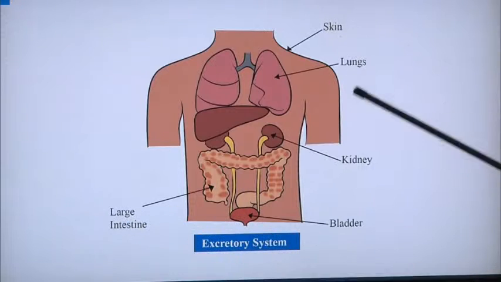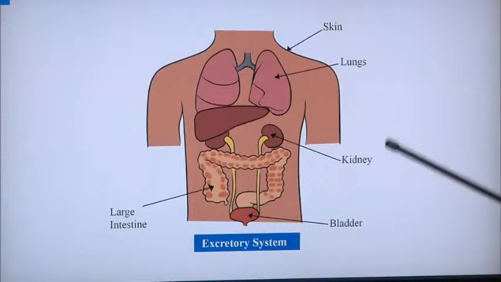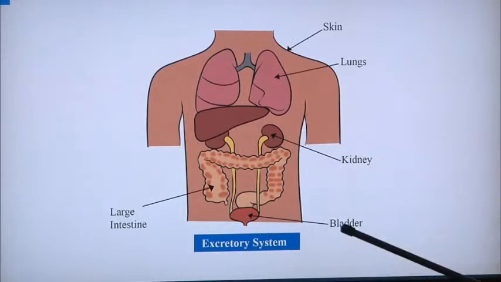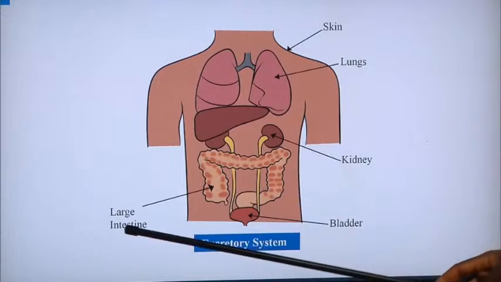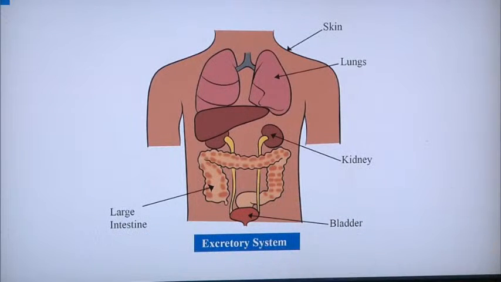So these are our excretory organs at our level. If you look at the human system, we have some excretory organs too. But at our level, we are looking at the skin, the lungs, kidney, bladder, and then the large intestines.